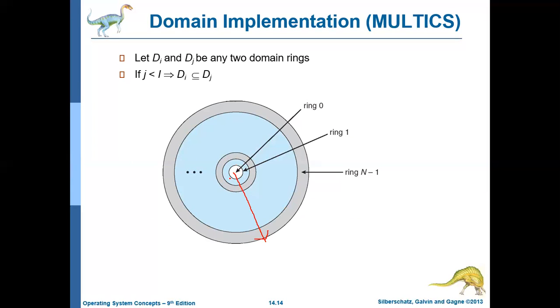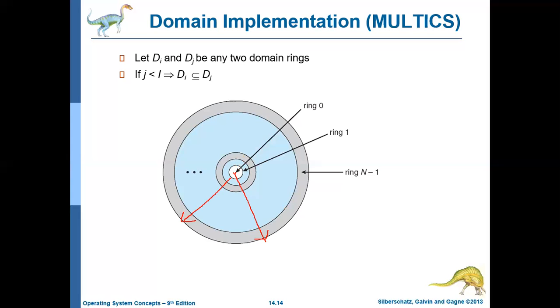The next innermost ring can access almost everything except the innermost ring, the zeroth ring. The zeroth ring represents domain 0. From domain 0, you can access the entire system.